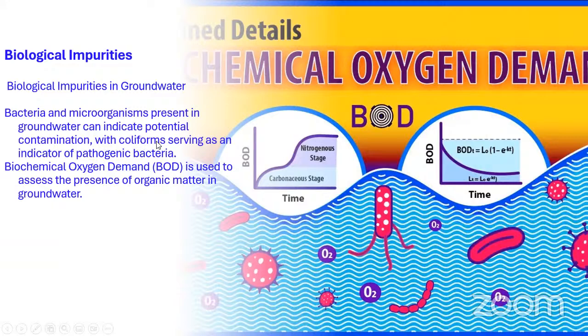This coliform may be present in the effluent coming from our urbanization, our sewage system or drainage system coming from our houses or towns. So this coliform is the major pathogenic bacteria which may cause major losses to the beverage or soft drink industries.